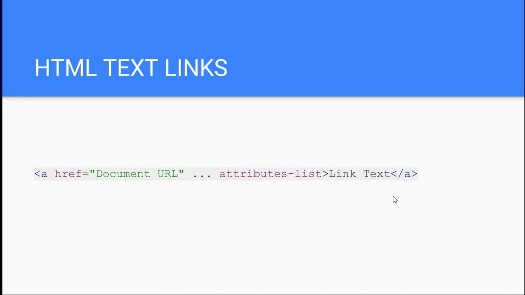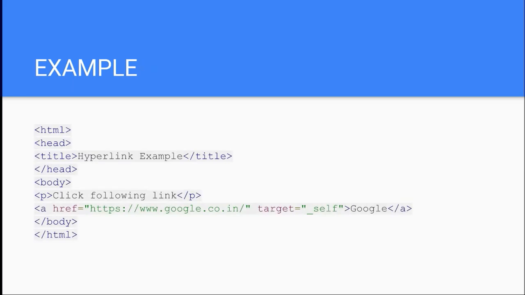Let us have a look at an example to understand the anchor tag. Here in this code, you can see in the body we have a paragraph, click the following link, and we open an anchor tag.